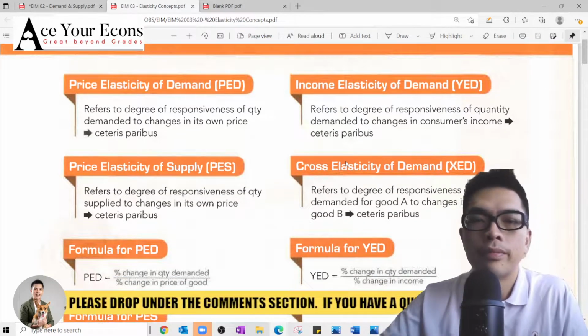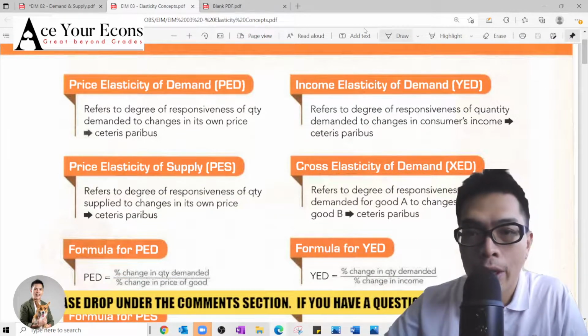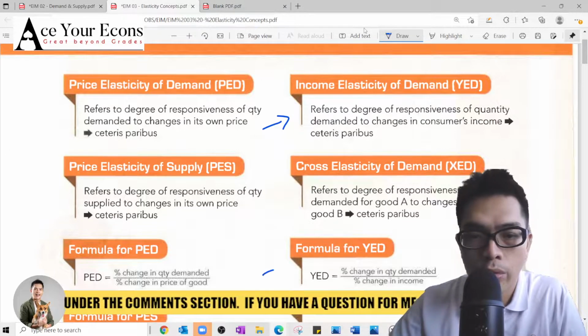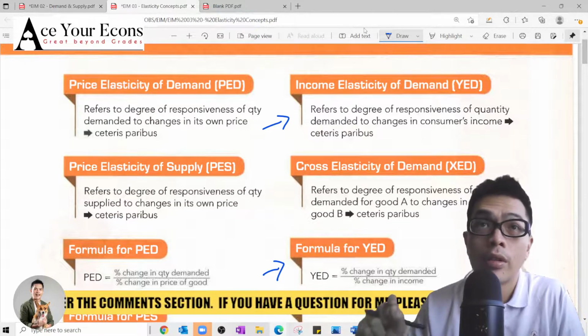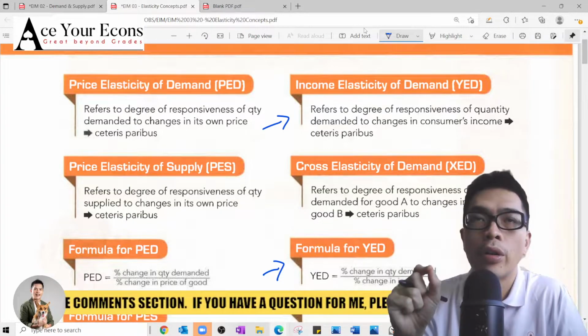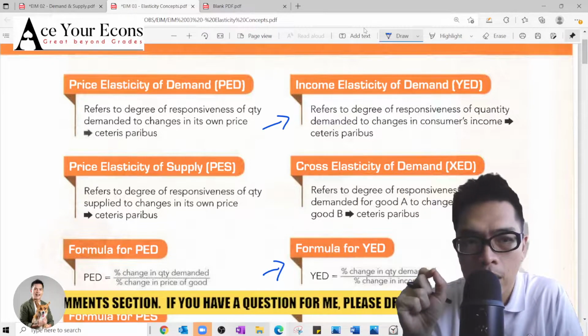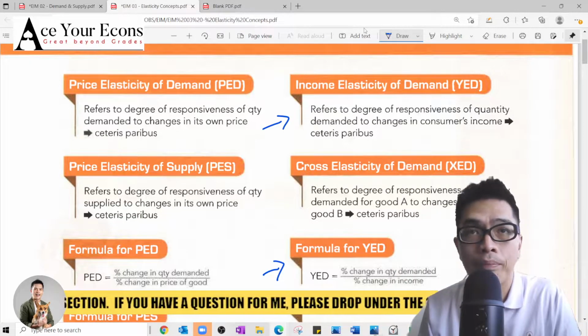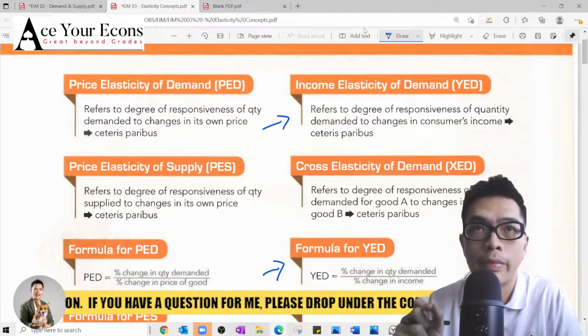Okay, so I'm just going to quickly run through the definition and the formula of YED. Okay, so these two will be under scrutiny. So I just want you all to be mindful that we are going to differentiate from PED. A lot of students actually get YED and PED mixed up. You cannot afford to mix these two up.